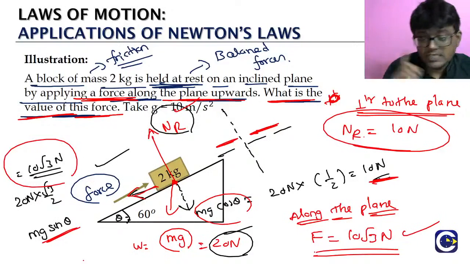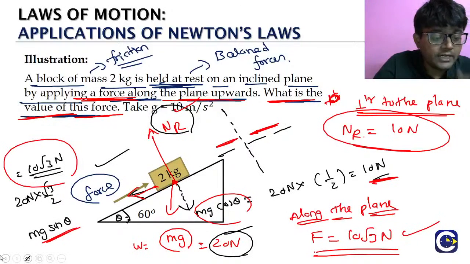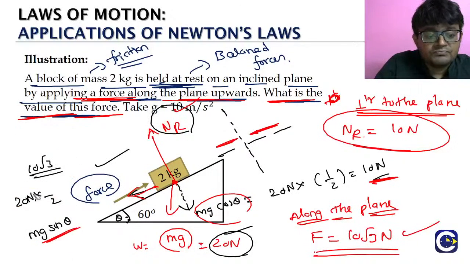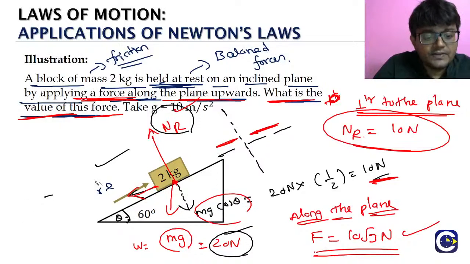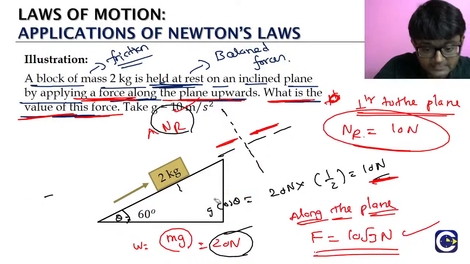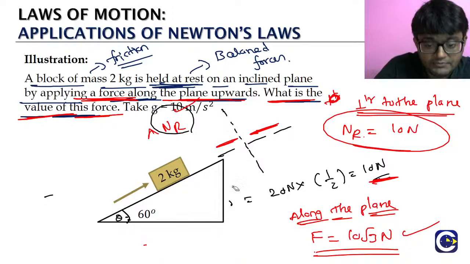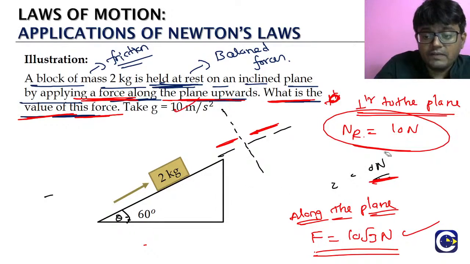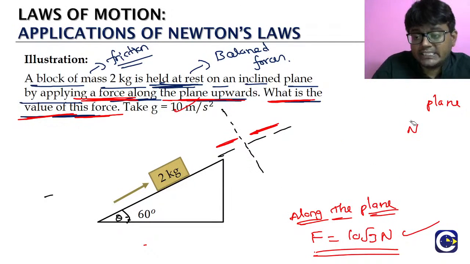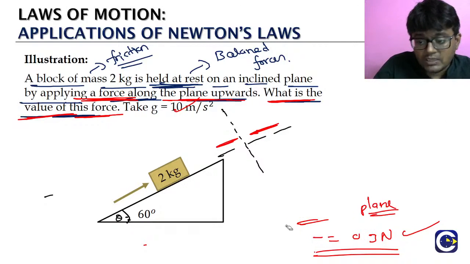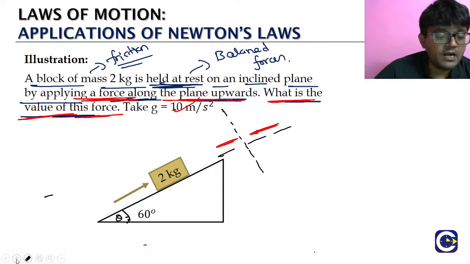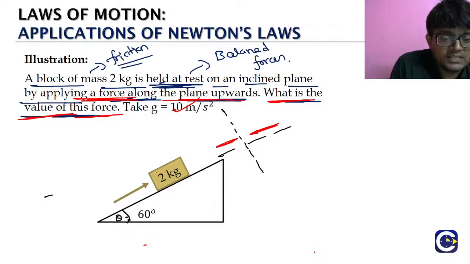Okay? So we have covered one important result. When we are looking at the balancing of forces for an object on the inclined plane, we will look at the two directions: parallel to the plane, and perpendicular to the plane. In such a situation, we will have to take components of the weight of the object or block.